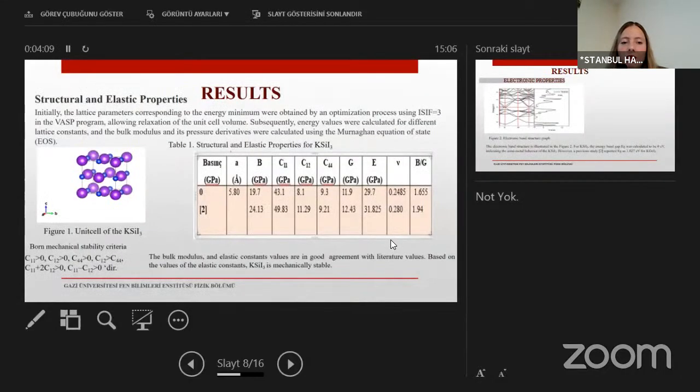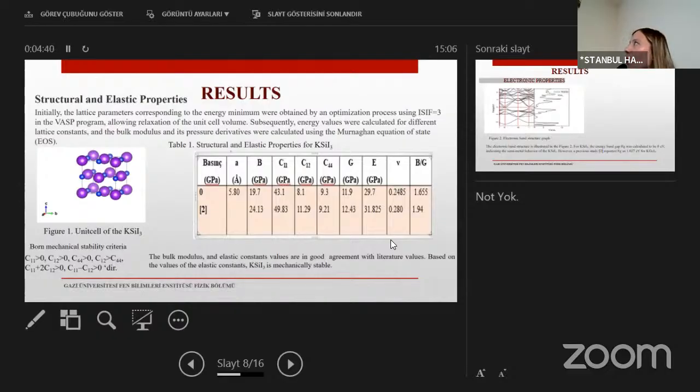So I will give information about the structural and elastic properties. Elastic properties are a calculation we use to test the stability of the material. When we look at Table 1, we can see the elastic properties of our materials. The elastic constant C44 is important to us here because C44 indicates the hardness of the material.